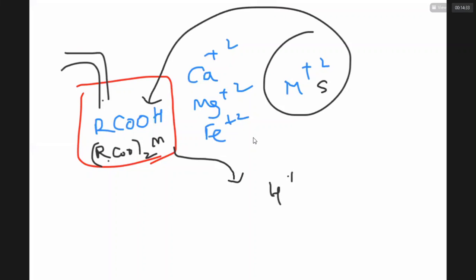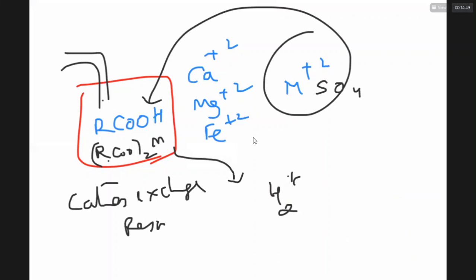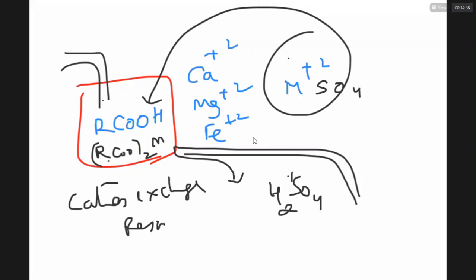Suppose you have MSO4. The water which is coming out of the cation exchange resin: M2+ is taken and H+ is released, so you get H2SO4 in the water coming out. Suppose your hardness is due to magnesium chloride.